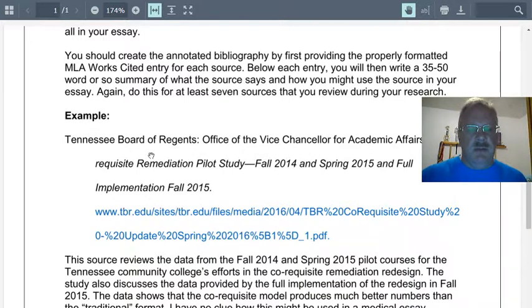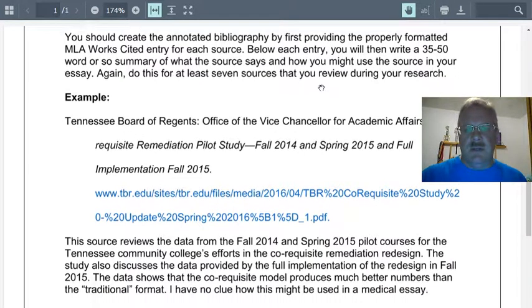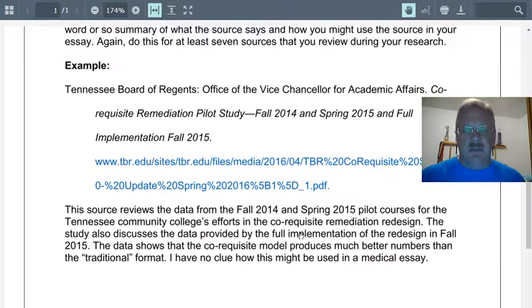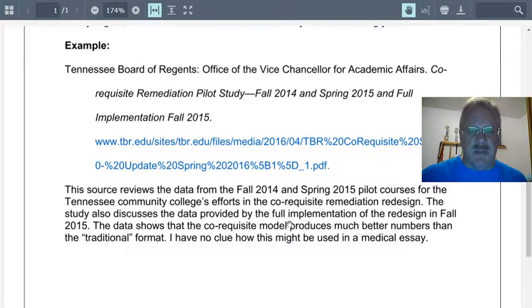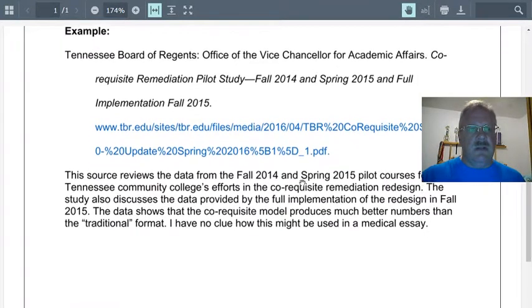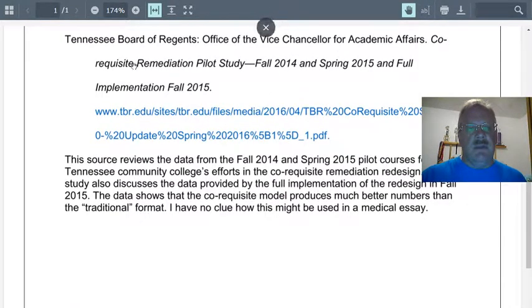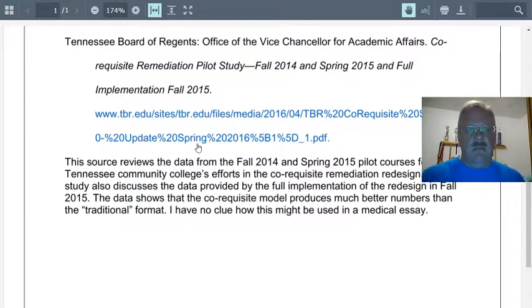Once you give the properly formatted works cited entry, you're going to write a 35 to 50 word or so summary of what the source says and how you might use it in your essay. Again, you may end up saying, I probably won't use this in the essay, but it's kind of interesting to read. So that's what it'll look like: you have the works cited entry, and you have the blurb under there.